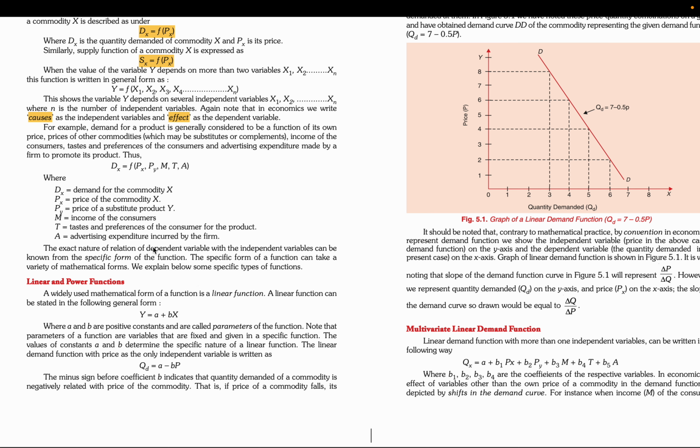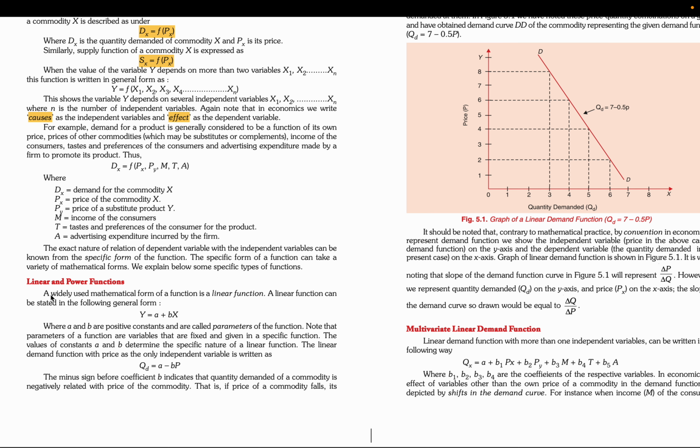Now, demand being a function of the price of the commodity, its substitute, the income, taste, advertising, all of this is just an expression to say that demand is a function of all of these things, but the actual value of demand can be calculated only when you have a specific form of that function. What is that function actually or mathematically? We can explain below some specific types of functions, linear and power functions.